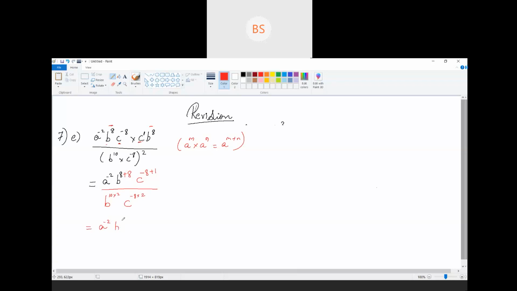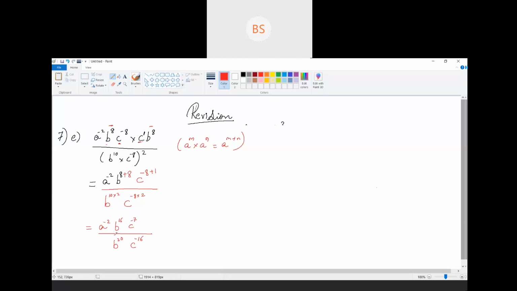Now b raised to 8 plus 8 becomes 16. c raised to minus 8 plus 1 will become minus 7. Whole divided by, we get b raised to 20 and c raised to minus 16. Okay, so this is the simplification.